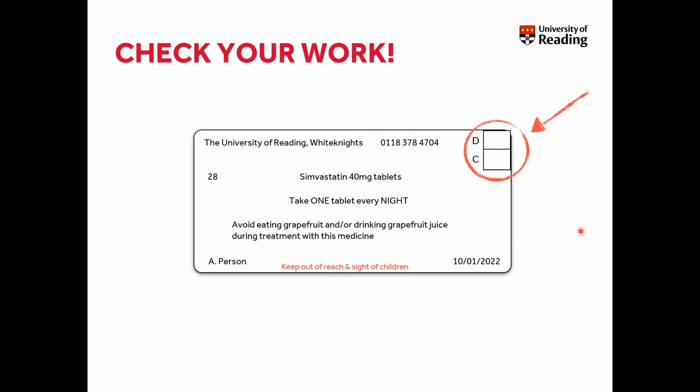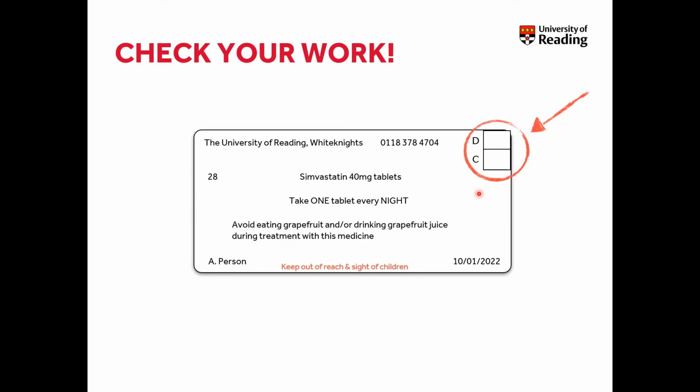Okay, it's also important you check your work. So these boxes here, the D is for dispensing and C is for checked. Unfortunately the system in the lab doesn't print these boxes that I've just shown you in the slide, but most pharmacies will have these pre-printed onto the labels.